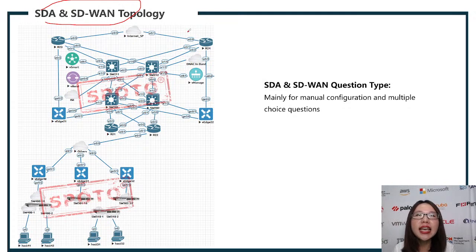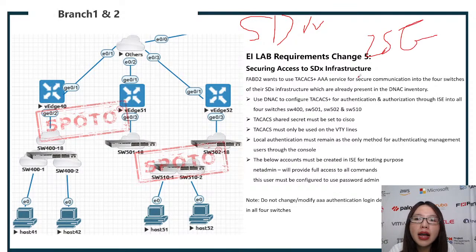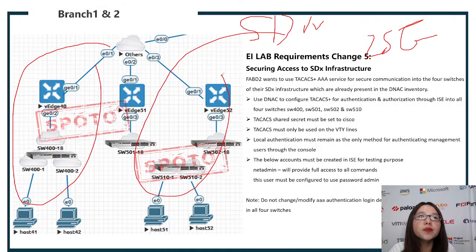Okay, so SDN mainly assesses candidates through manual configuration and multiple choice questions. Next, we will analyze the changing points of SDN. In this part of SDN, we know that SDN added the TACACS+ authentication requirement for ISE in branch 1 and branch 2.